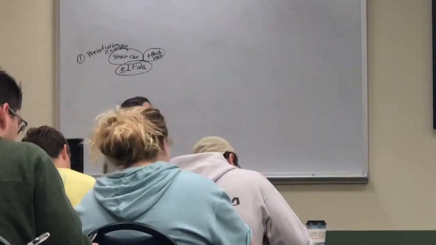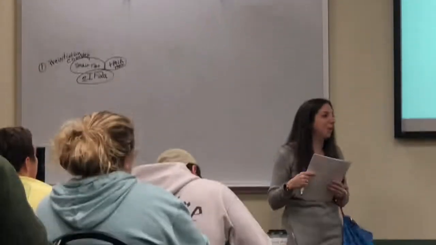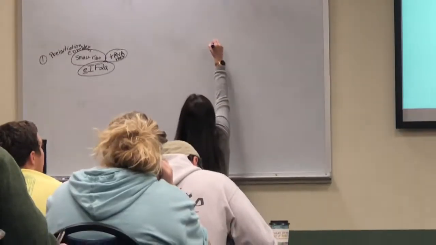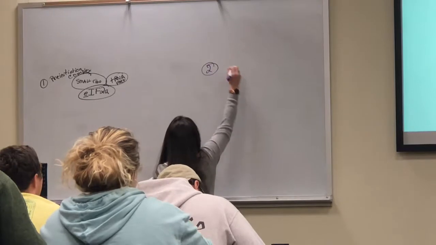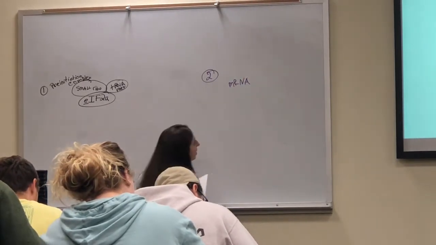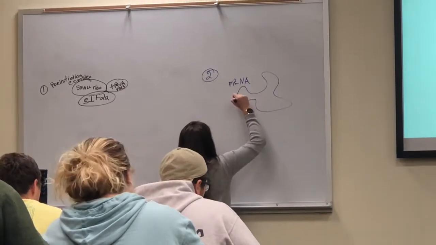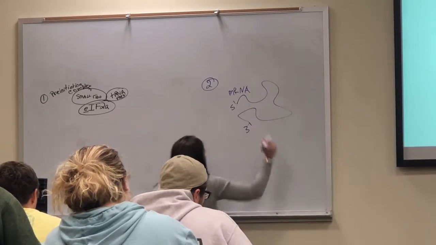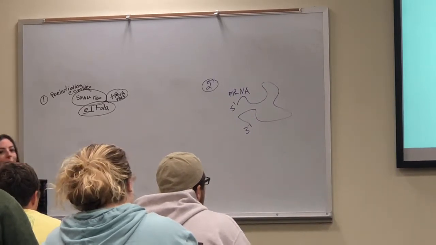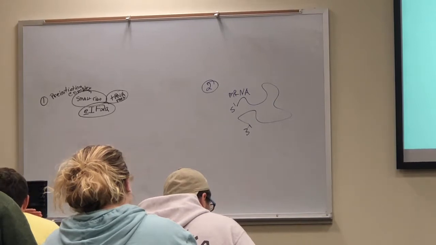Around the same time, going on simultaneously, but not really in the same location, is step two. You have your mRNA, which has now exited the cytosol, and it looks like this. Can that be threaded through that very small subunit?